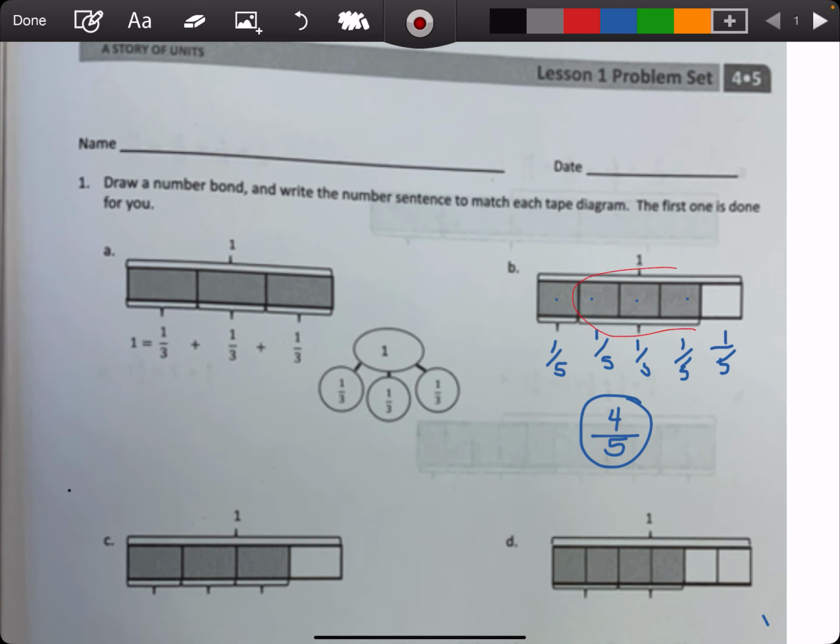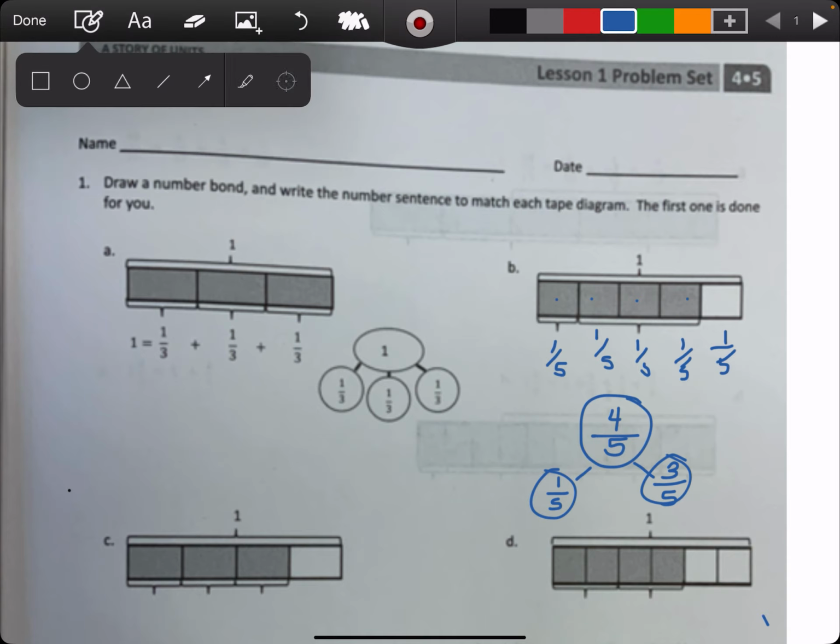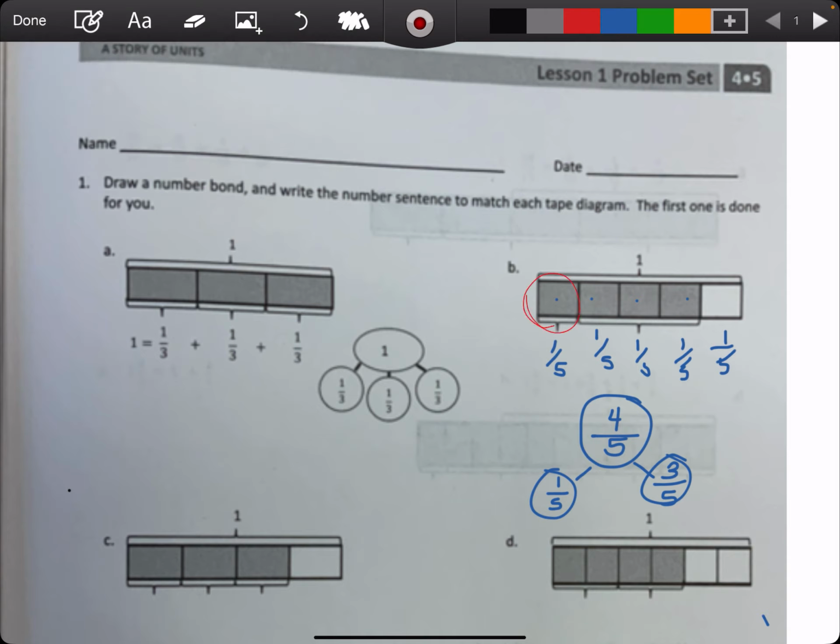Then they've grouped these 3/5 together. So what they want you to do here is do 1/5 and 3/5, okay? Because you have 1/5 here and then 3/5 over here. So to decompose the 4/5, you're breaking that up into 1/5 and 3/5.